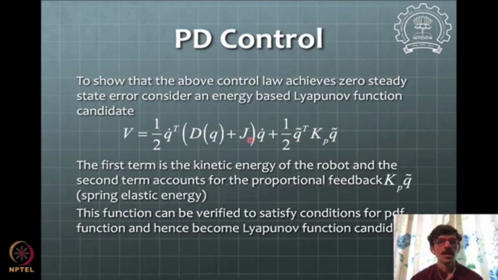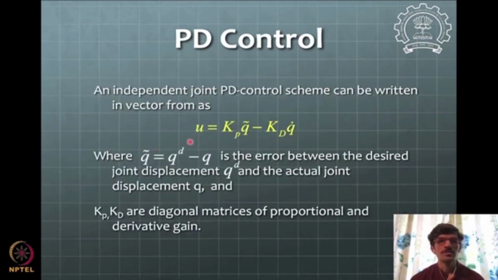Now we have these terms corresponding to Q dot also and Q tilde also. This can be entirely converted into Q tilde alone by using this relationship. Qd is, say, a fixed quantity. We want to go to a fixed desired position.